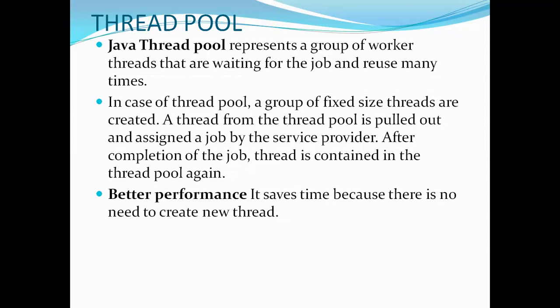In a thread pool, a group of fixed-size threads is created. First, a thread from the given thread pool is pulled out and assigned a job by the service provider, and after the completion of the job it is kept back into the thread pool again. Due to this, the performance is good and it saves time because there is no need to create a new thread in Java.